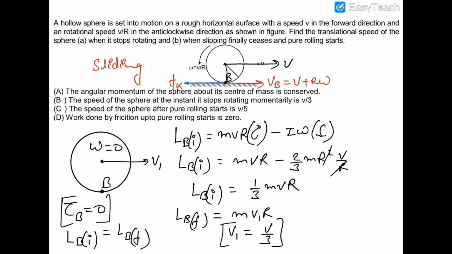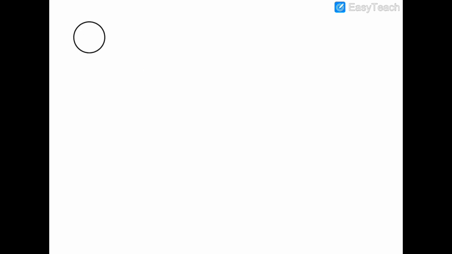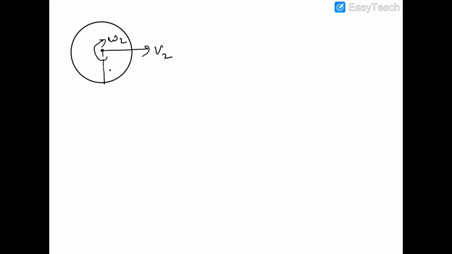And we also have to find what its speed is when the sphere is finally rolling purely. When the sphere is rolling purely, let's suppose that its central velocity is v2 and its omega is omega 2. And obviously, as it is rolling, v2 will be equal to r omega 2.